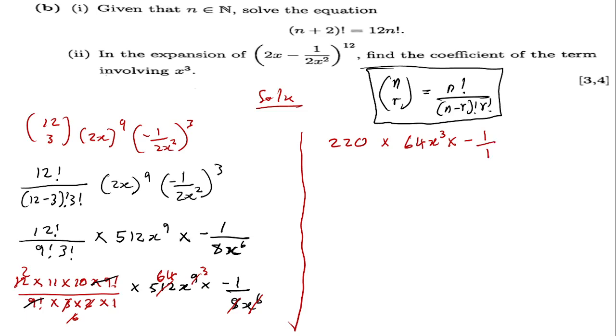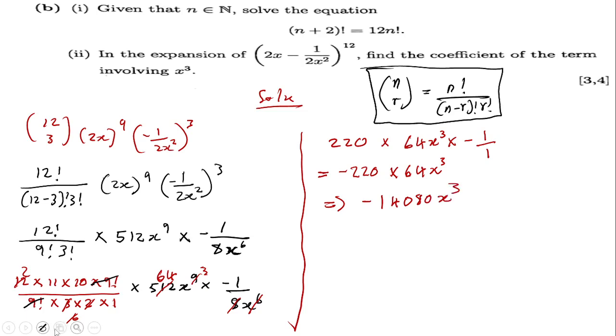Once I have such a situation, this will give me negative 1 times everything. So this will be negative 220 times 64x cubed. So this times that will give me a number which is negative 14,080 x cubed.